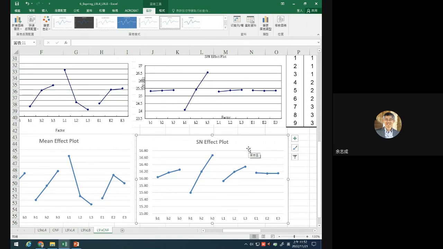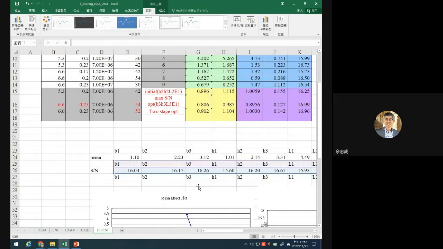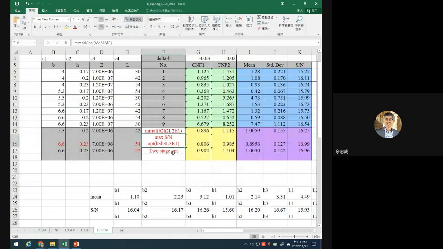So it will be B3, H3, L3, and E1. So the optimum combination will be H3, B3, L3, and E1, which is the same. The same combination will give us the maximum SN.